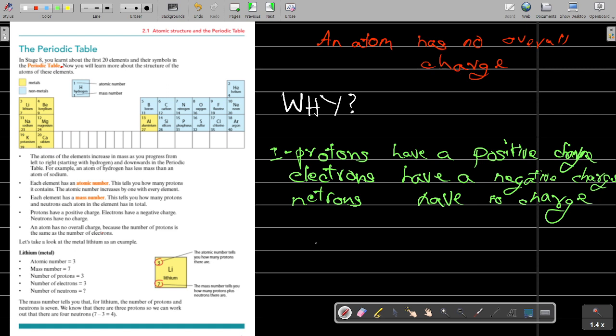So, an atom has no overall charge. The protons and the electrons are equal.